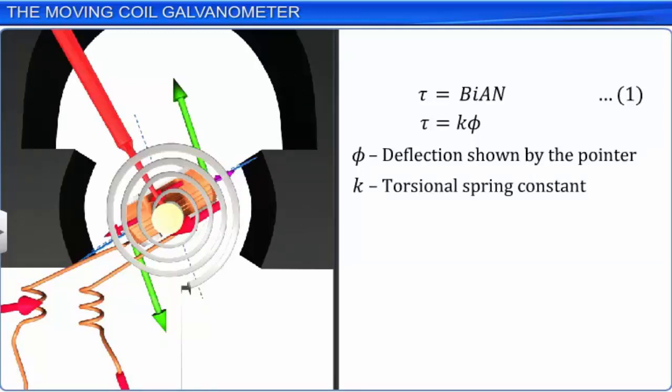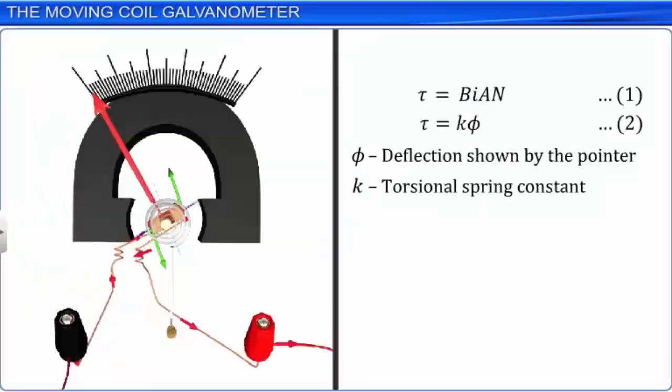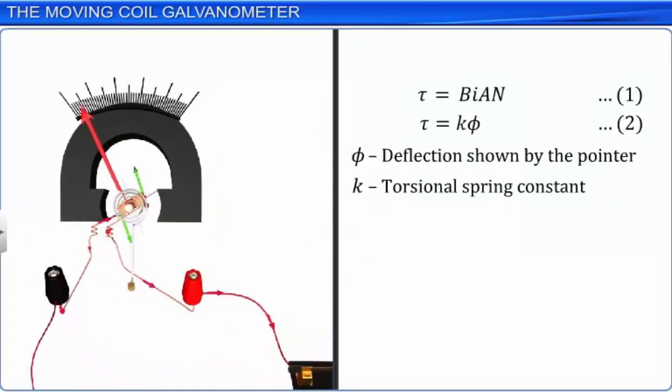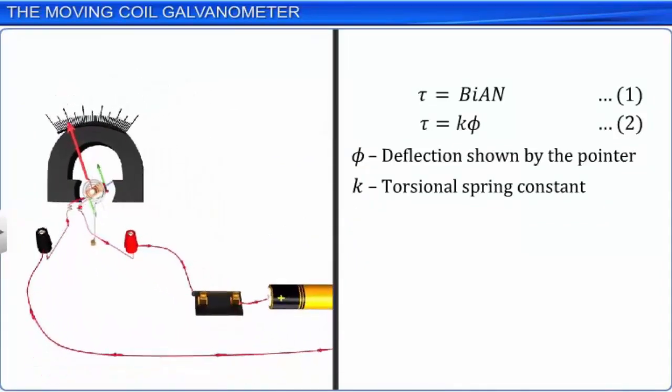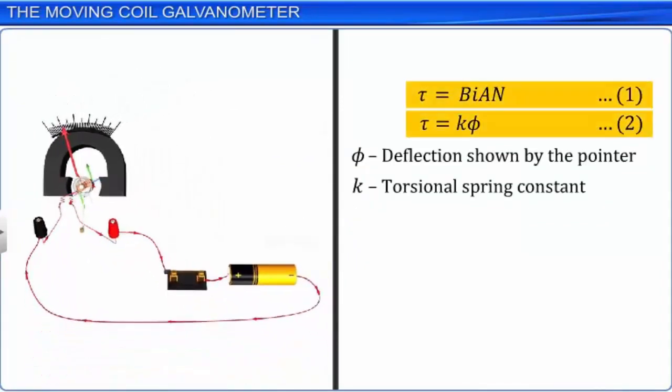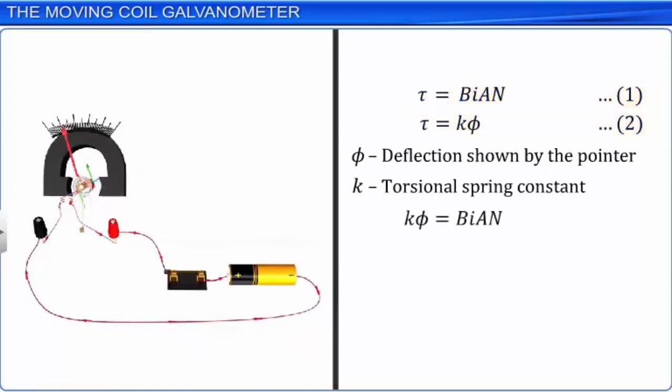Let this be equation 2. Equating the expressions 1 and 2, and on simplification, we get φ equal to BAN by k into I. Let this be equation 3.